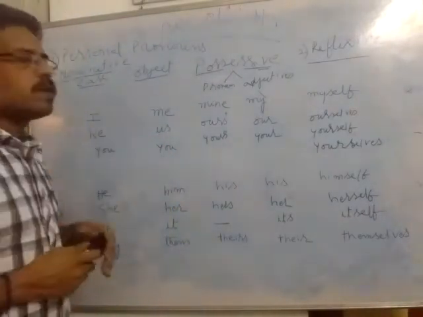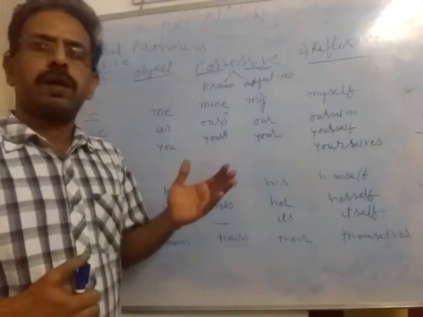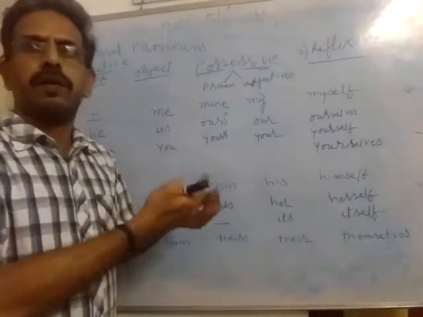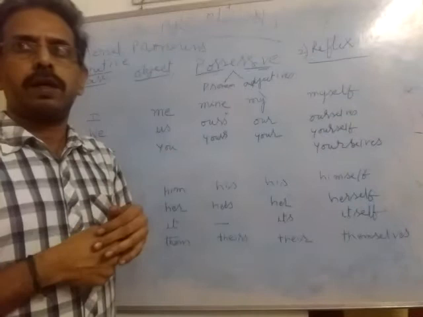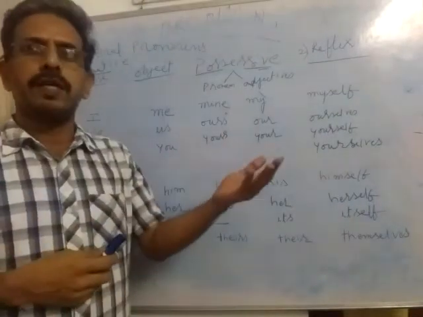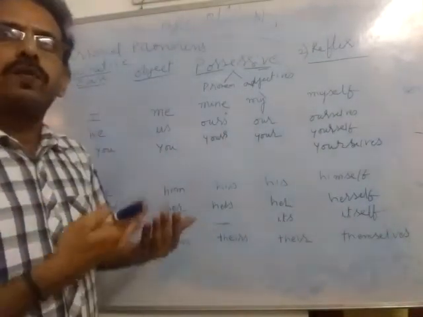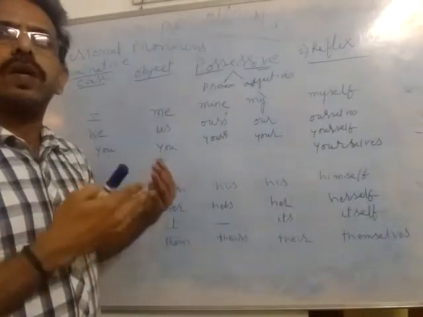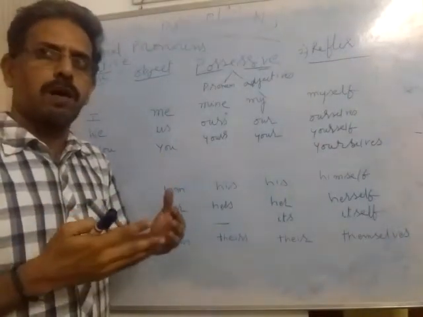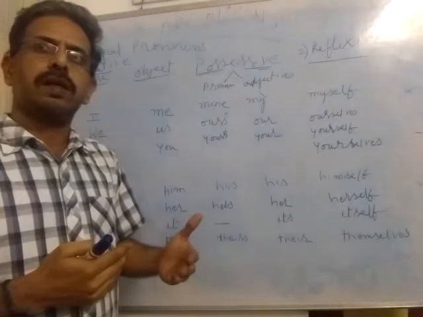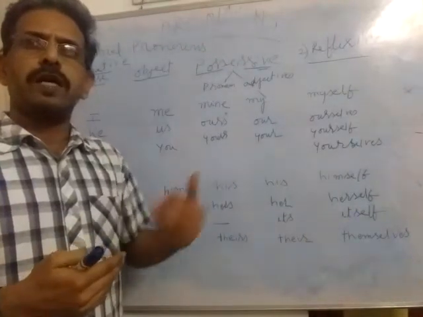Okay, so Ramu is coming. Ramu is a name given to a male person, so we say he. Instead of Ramu, we can use he. Ramu is coming. Ramu is my friend.